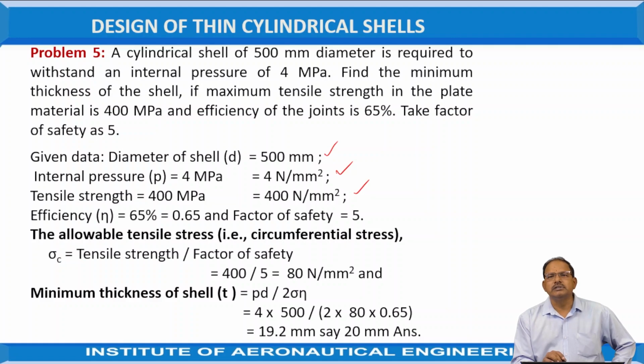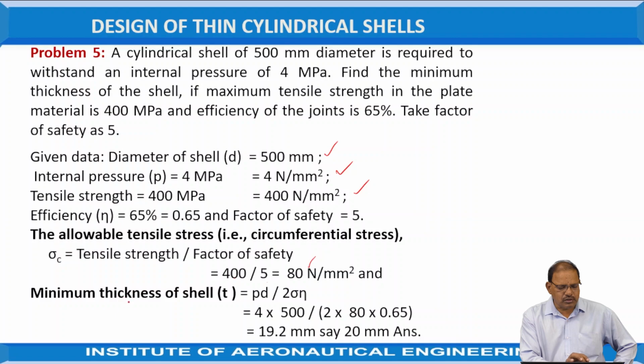The allowable tensile strength, sigma c, is equal to tensile strength divided by factor of safety. That is important now. The factor of safety given is 5. Here tensile strength is 400 megapascal, and 400 divided by 5 is equal to 80 Newton per mm square. This is the only allowable stress within the cylinder, and from a design point of view, we have to take these values for calculation of the thickness of the shell.